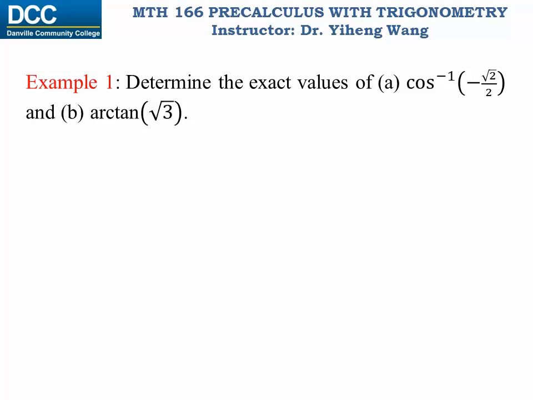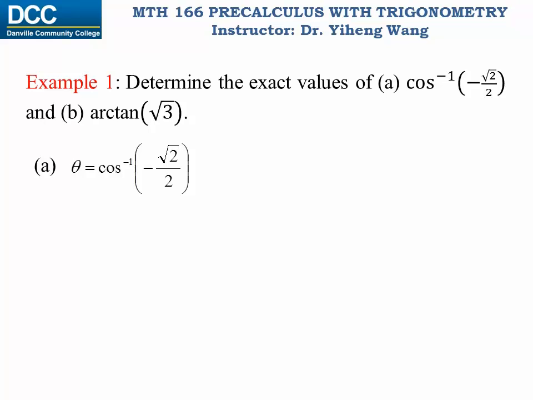Let's look at this example to find the exact values of these two expressions involving inverse trigonometric functions. When you are using the inverse trigonometric functions, don't forget the purpose is to solve for angle. Therefore, for example, for part A, we're looking for an angle theta that equals the inverse cosine of -√2/2.